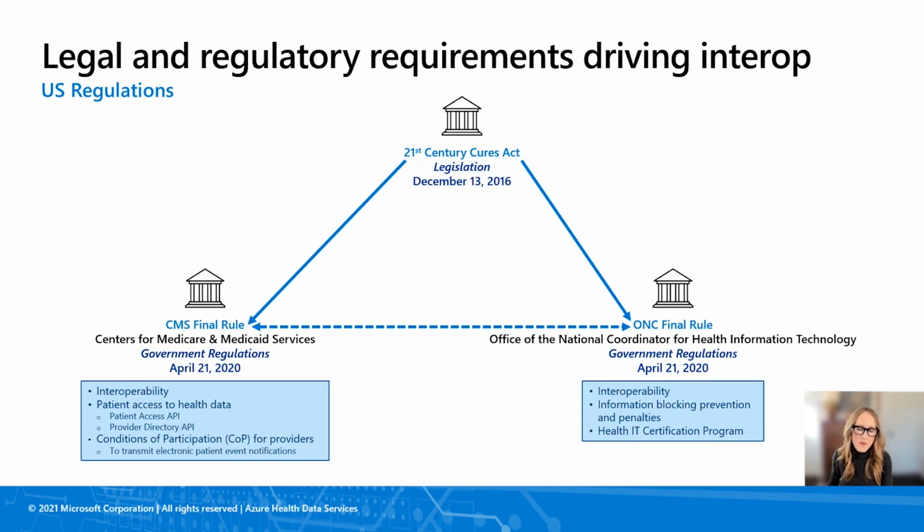Now, again, the patient wouldn't know about the API, but the health systems are going to deploy that behind the scenes for the secure movement of those records to the patient upon request.